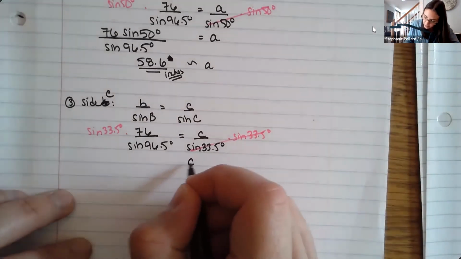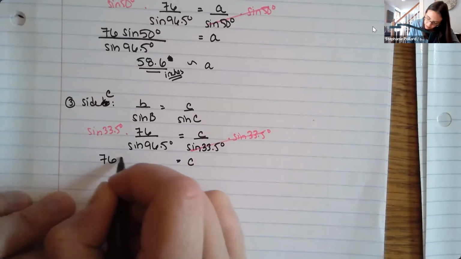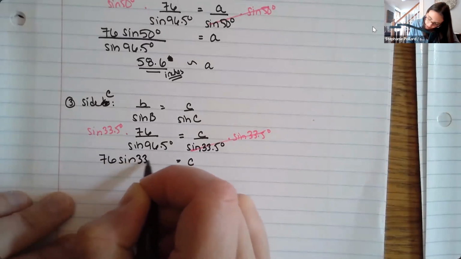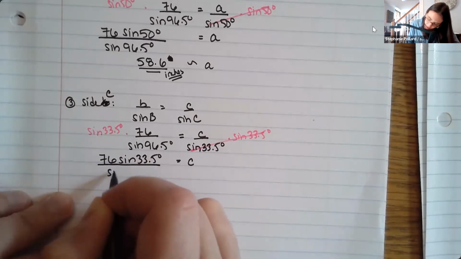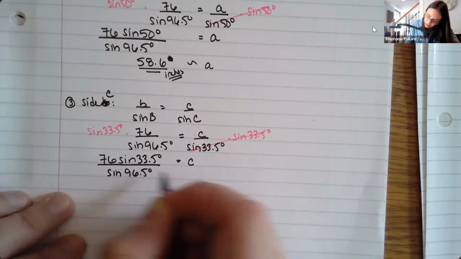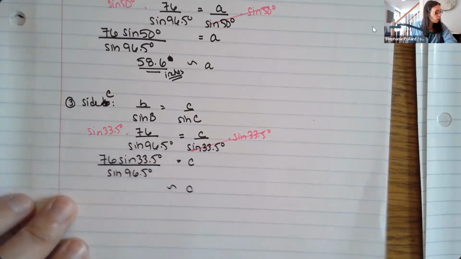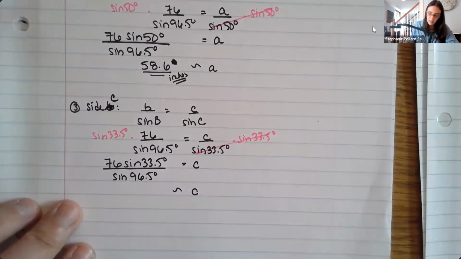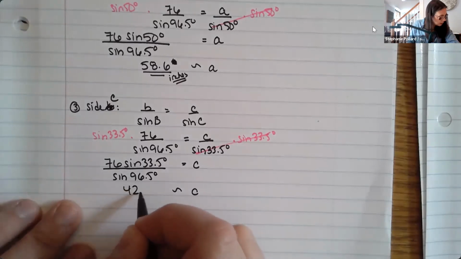I have C is equal to 76 times sine of 33.5 degrees, all over sine of 96.5 degrees. And again, I'll let you try this one at home. You're just going to go ahead and use your calculator and round, and you get about 42.2.